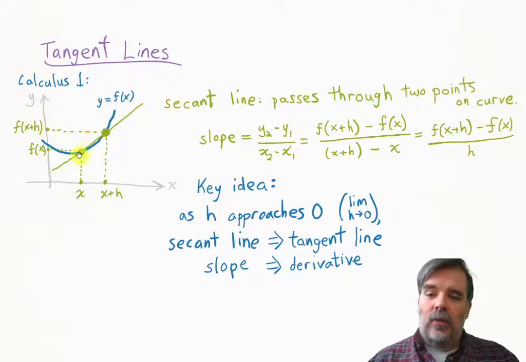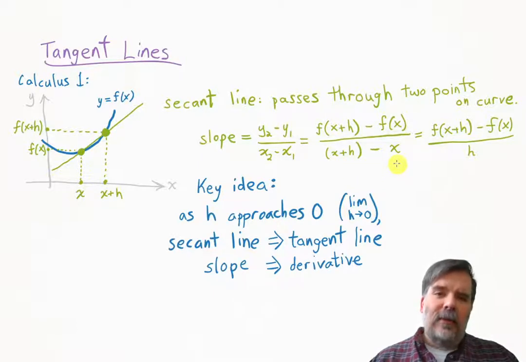So the slope between these 2 points, y2 minus y1 over x2 minus x1, we could rewrite as f of x plus h minus f of x all over x plus h minus x. And there's a little bit of simplification you can do on the bottom as well. You have an x and negative x, those cancel out, leaving you with h on the bottom. So that would be the slope of a secant line.